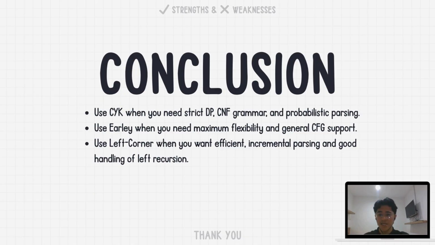We use CYK when you need strict dynamic programming, CNF grammar, and probabilistic parsing. We use Earley when you need maximum flexibility and general CFG support. And when you want efficient incremental parsing and good handling of left recursion, we use left corner parsing.